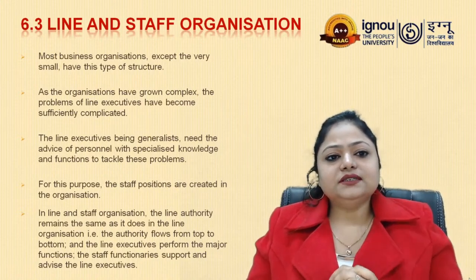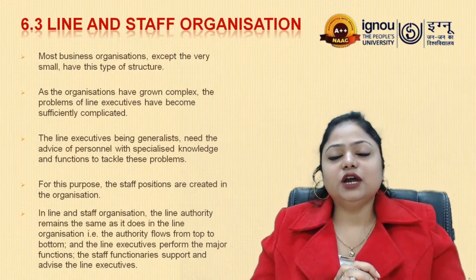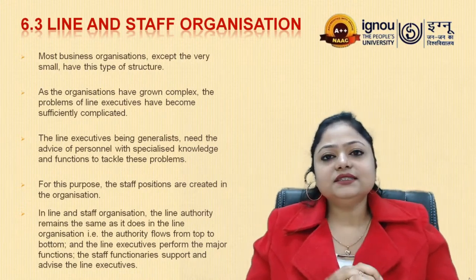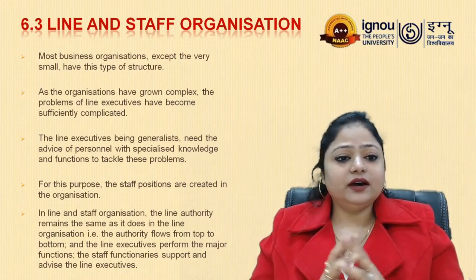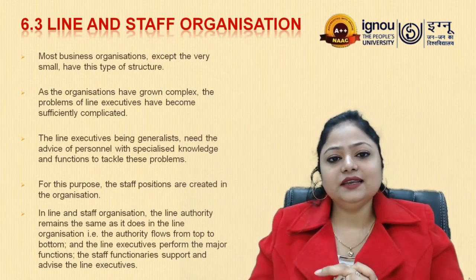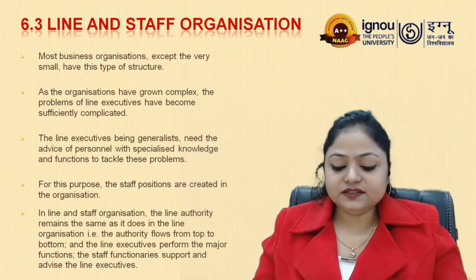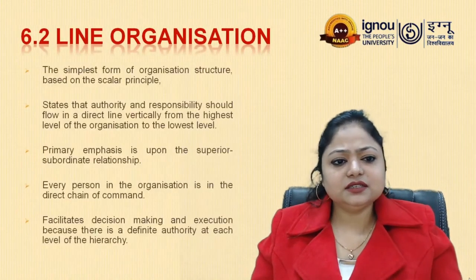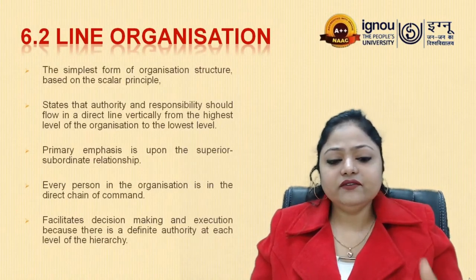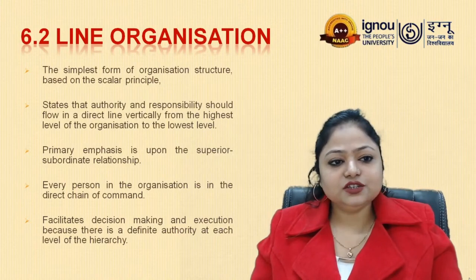Most business operations, except very small ones, have this type of structure. As organizations have grown complex due to environmental complexities, the problems of line executives have become sufficiently complicated. As we see, the line structure is a very simple format, everybody knows whom to report to, and this is the basic organizational structure.